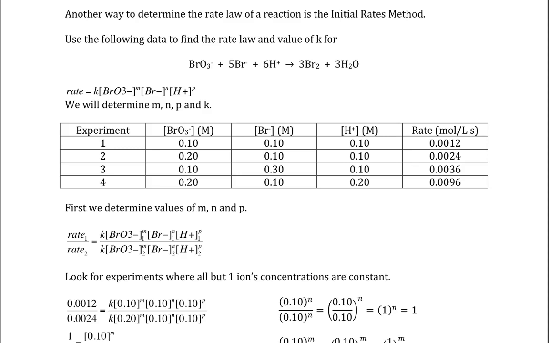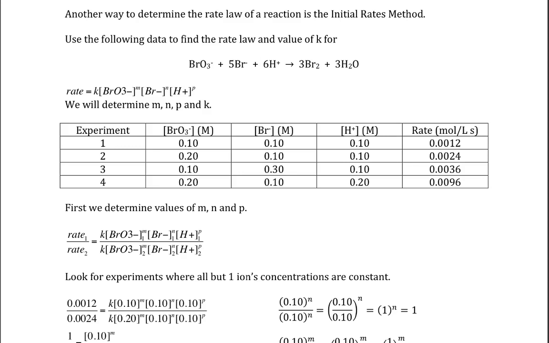Of course, it took a lot of time to come up with all those rates, but anyway, we've got them all here to work with. We will first determine the values of m, n, and p, and then we will determine the value of k. Now notice that as we scan the concentrations at the various experiments, often the concentrations are 0.10.